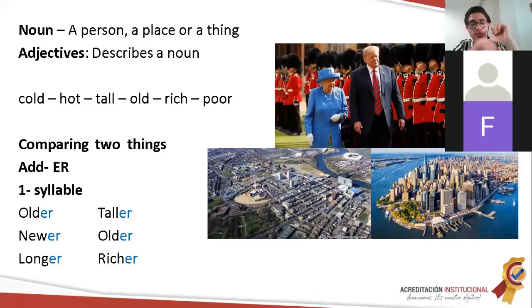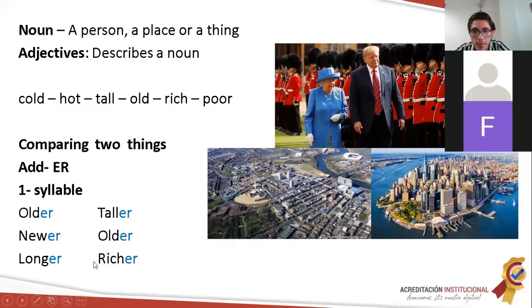If you have the word old, you add ER at the end. Older, tall, taller, new, newer, long, longer, rich, richer. That's the way we use one syllable adjectives.